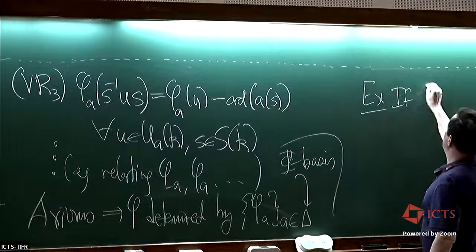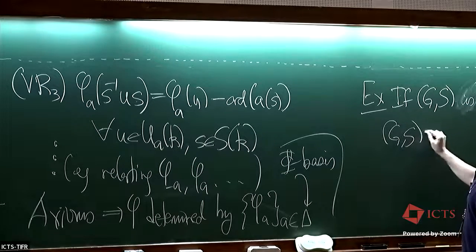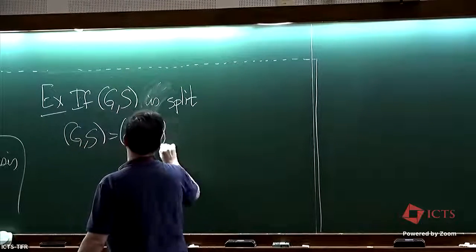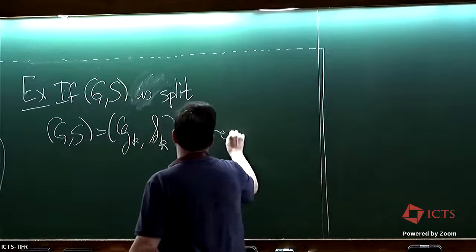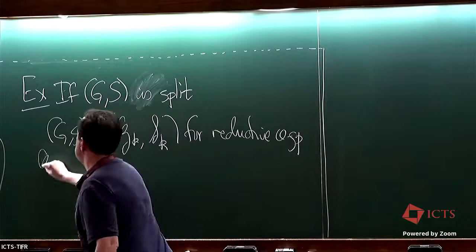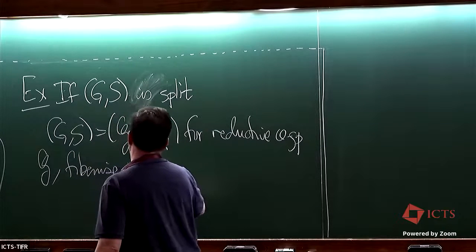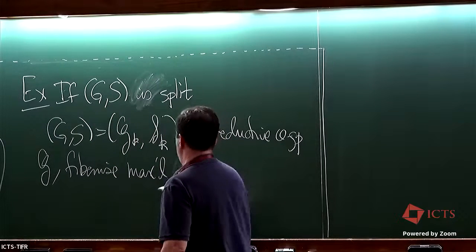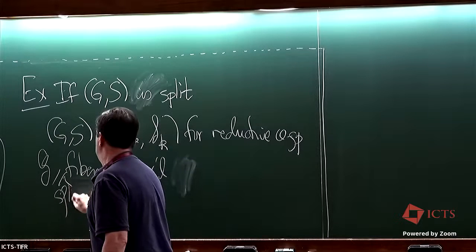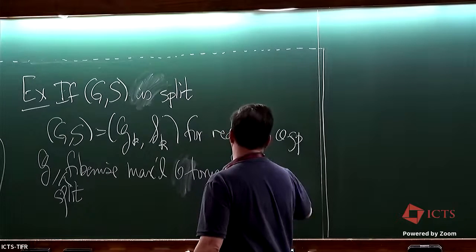If the group is split, meaning S is maximal, then this has the form G_K, S_K for a reductive O group, a script G, and a fiberwise maximal split O torus, a script S in script G.